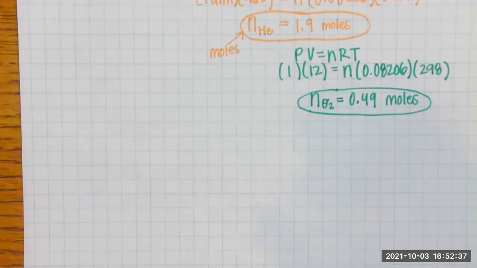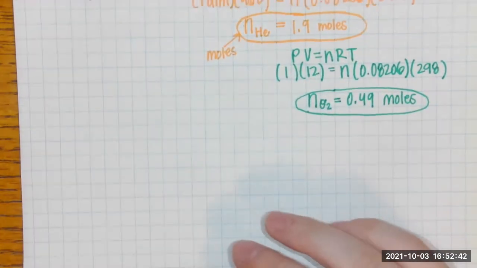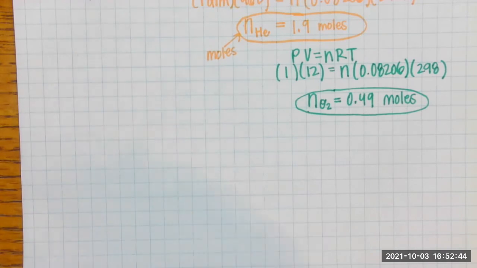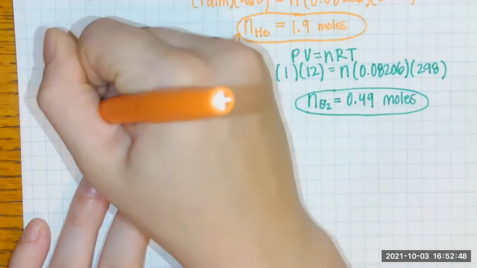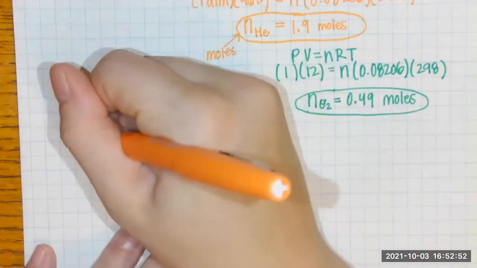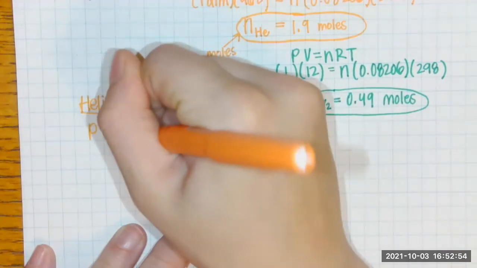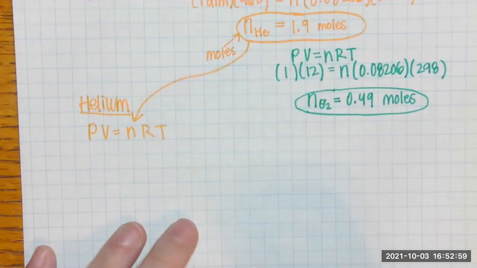We don't need anything other than the final answers that we got from above for this. So for the helium calculation, we already know that we have this many moles. PV equals nRT. That's going in for n.